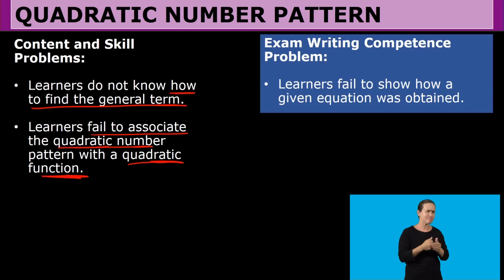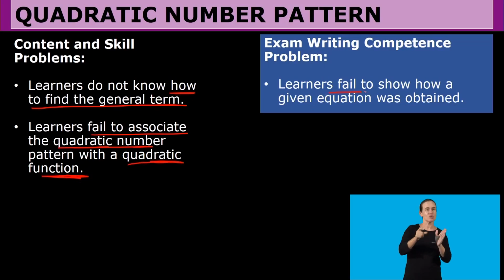If you remember our quadratic functions, that is the parabola. So you need to realize that this quadratic number pattern is actually giving us a quadratic function. We need to make sure that we have this connection in mind when it comes to those questions.